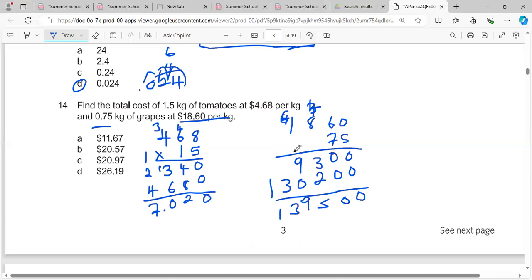But we need to check the number of decimal places. This is 2, and this is 2, so that's 4. So 1, 2, 3, 4. So it works out to $13.95. And this one works out to $7.02.